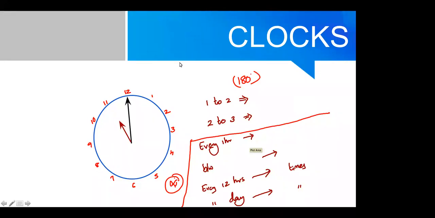Between 1 to 2, at what time does the 180-degree situation come? Approximately tell me. No need to go for the exact answer. So around 1:35 to 1:40, right? Perfect.